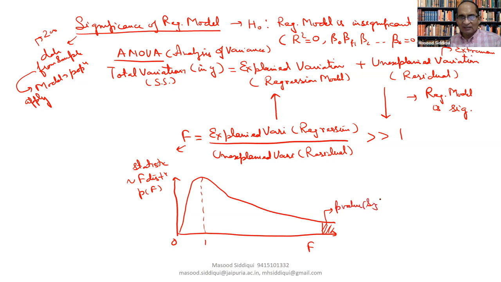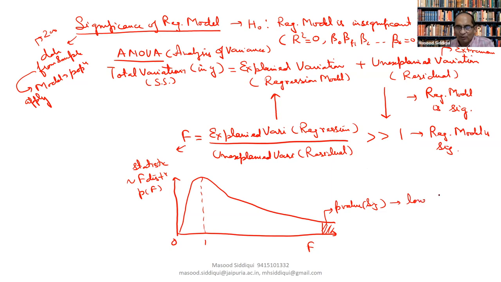The p value is denoted by significance. So now we are moving back to this. If we get a very high value of f, much higher as compared to 1, then again we can say that our regression model is significant. If the f value is high, then obviously the significance, or p value, would be low.